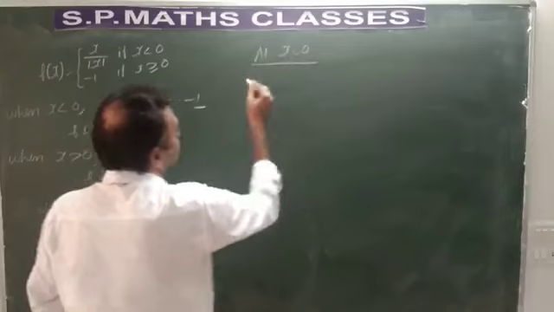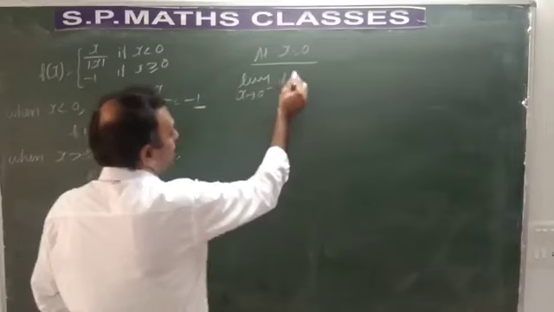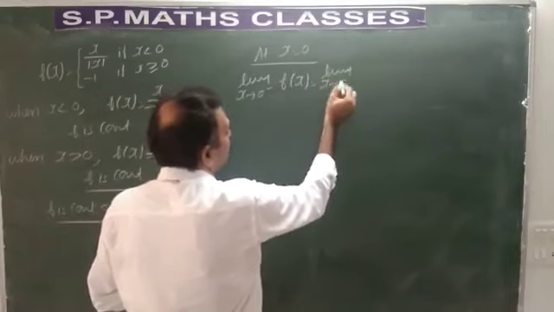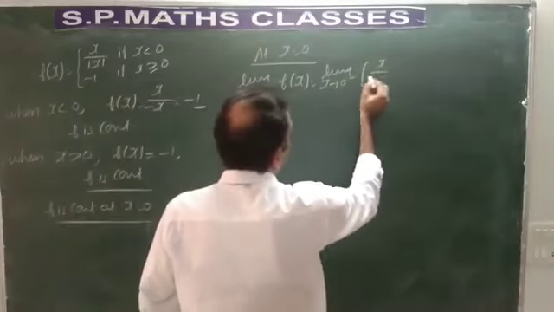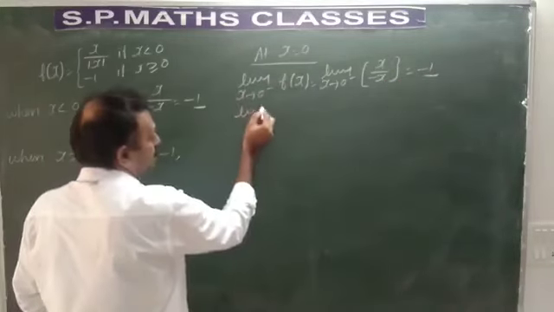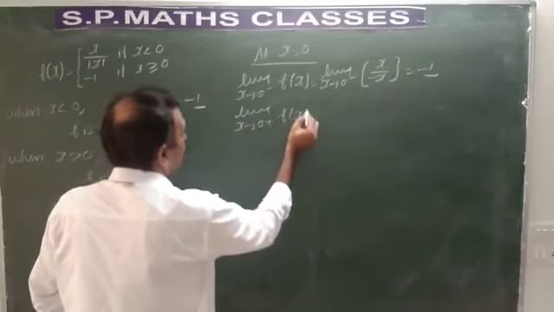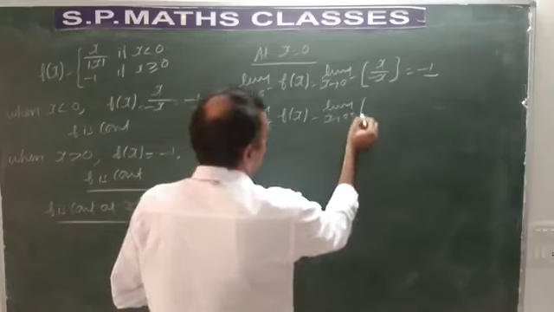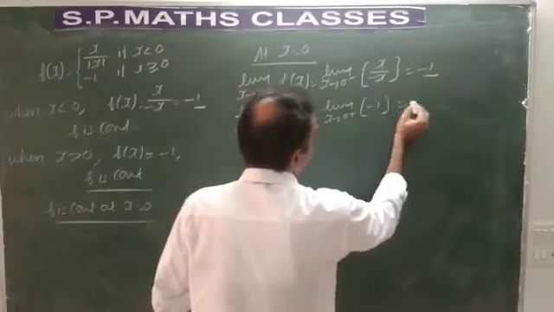If you write limit as x tends to 0 minus f of x, the left hand limit, what is that? x divided by minus x. It cancels, we get minus 1. Limit as x tends to 0 plus f of x, with x greater than 0, is minus 1.